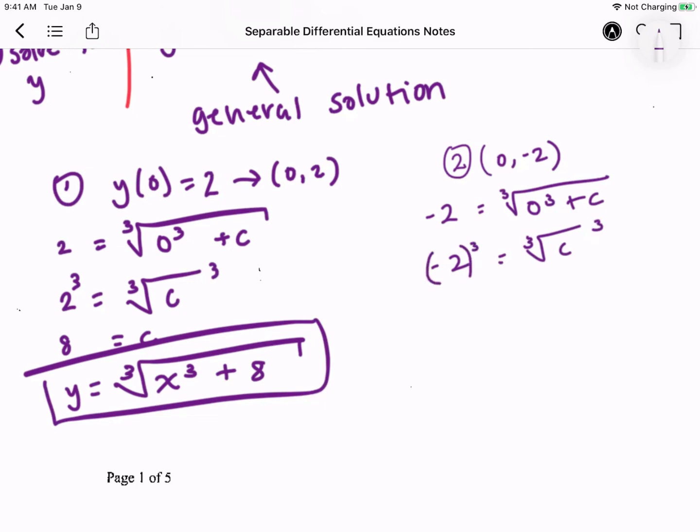When I cube a negative, you have to be careful to cube everything. So I'm going to put parentheses around the negative and the 2 to make sure I'm also cubing the negative sign, because negative 2 cubed is actually negative 8. So my answer is a little bit different. Minus 8, like that.